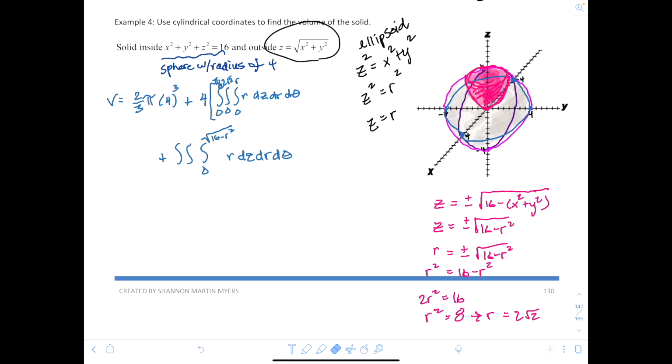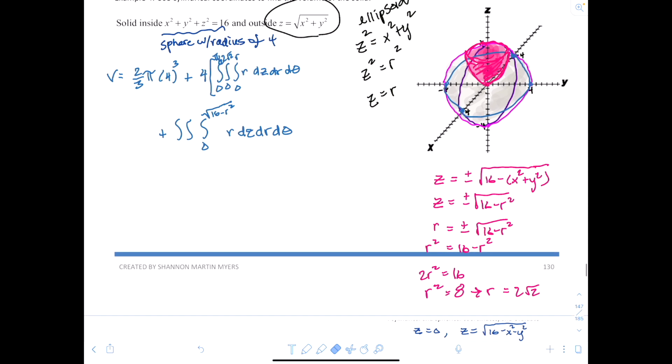So if we take a look at our sphere, right, we're checking this part out. So z is equal to root 16 minus r squared. Well, if r is 0, right, z would be root 16.